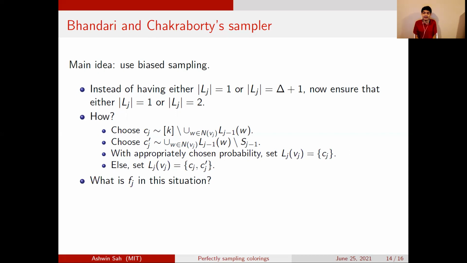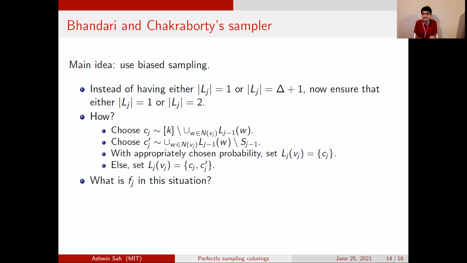And then once we actually have some coloring and we want to run it through this function, what we do is we look at c_j, we look at c_j prime, we look at what the lists actually look like, and we look at what the actual colors of the neighborhood actually are. And based on those, we then choose c_j or c_j prime with certain new probabilities that depend on all this stuff, the coloring, everything else.